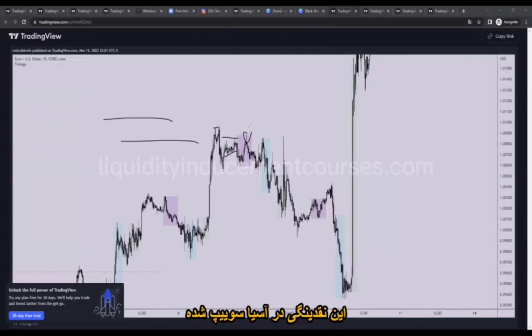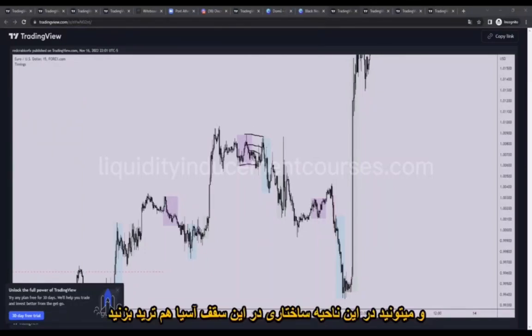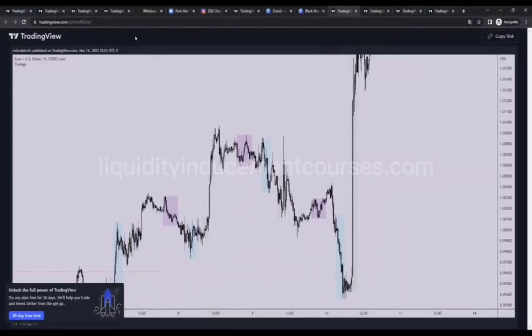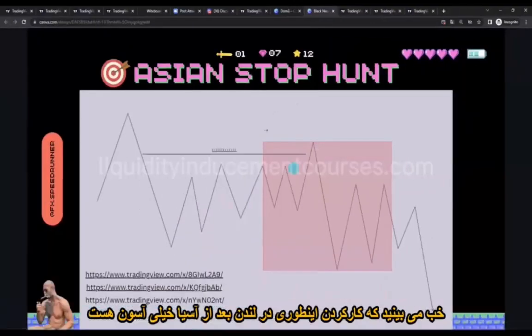That liquidity was swept on Asian. We broke structure to the downside after Asian, and this becomes your IRL, and you can trade off this structural point as well from this Asian high. So you see, it's easy, getting a London bias based on Asian is super easy.